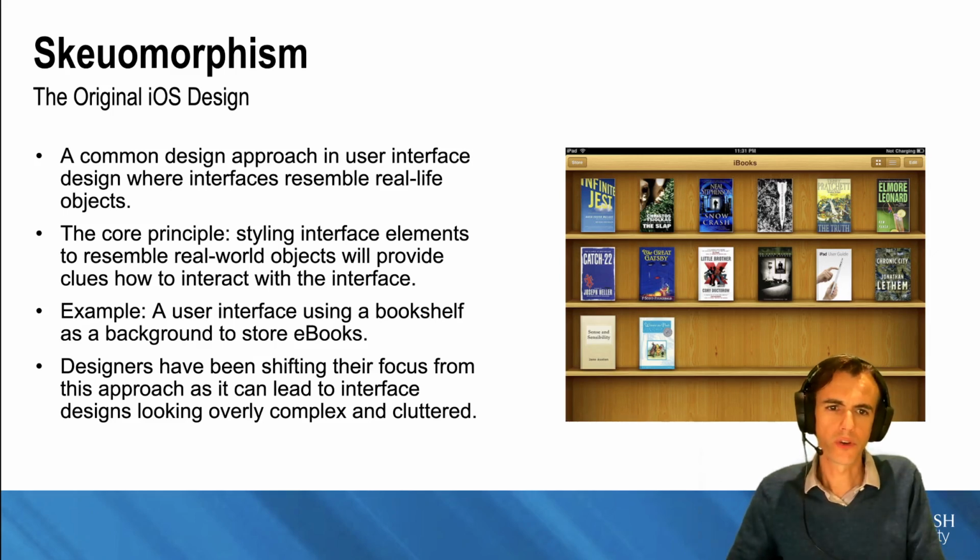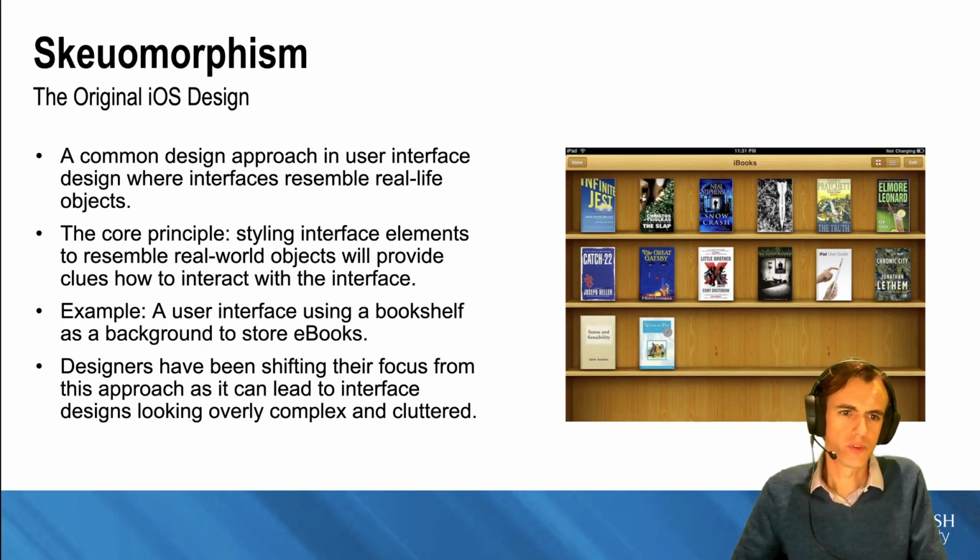So the first thing I want to talk about is skeuomorphism. The original iOS design made heavy use of skeuomorphism. So what is skeuomorphism? Basically, it's the concept of designing interfaces that are similar to real life interfaces or devices.